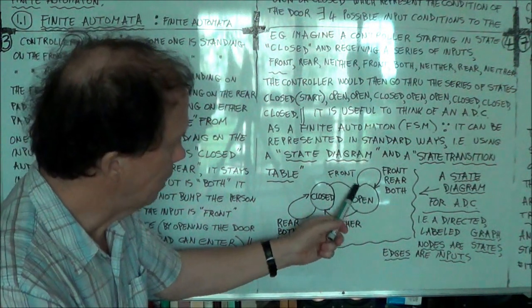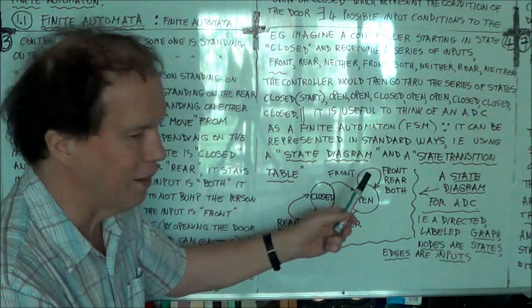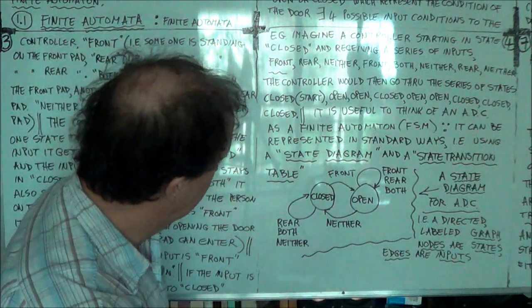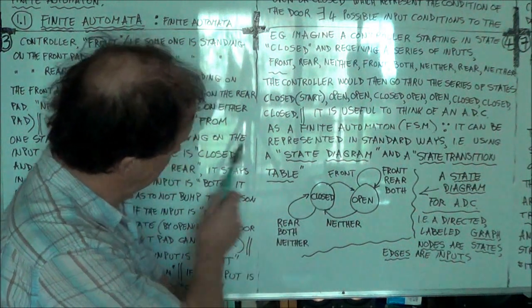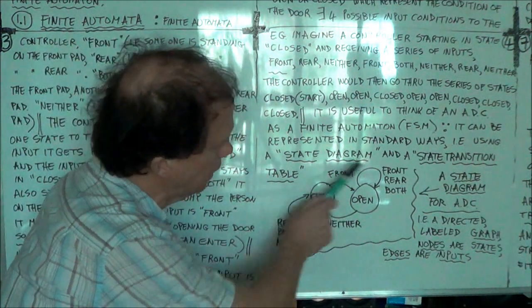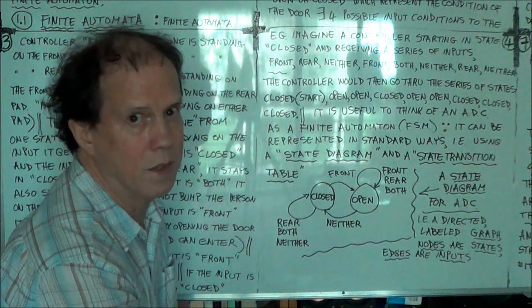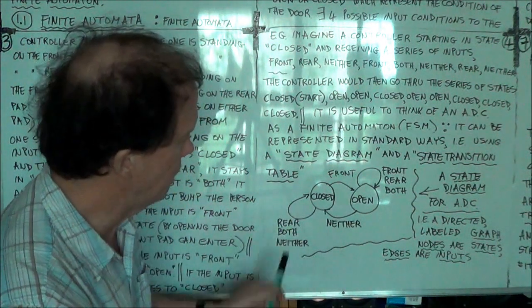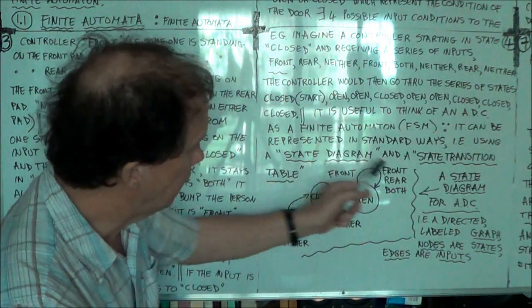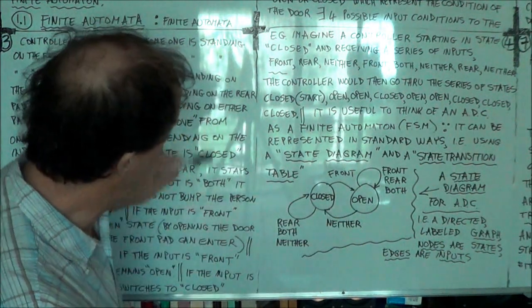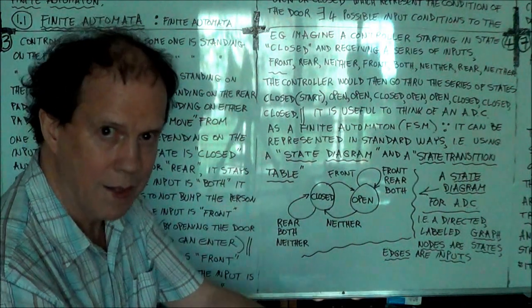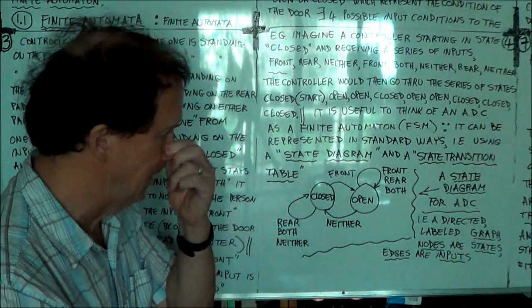Well, the arrows and the states together represent that. So this state diagram or state transition diagram is a nice compact visual summary of all those transition rules, the list of states, and the input signals.